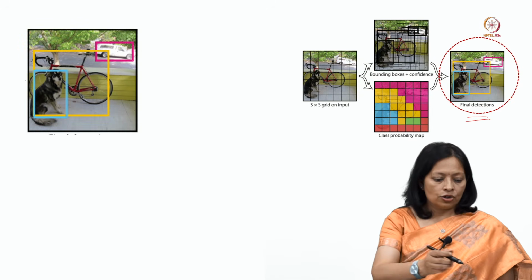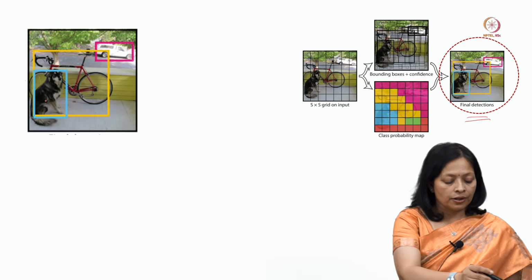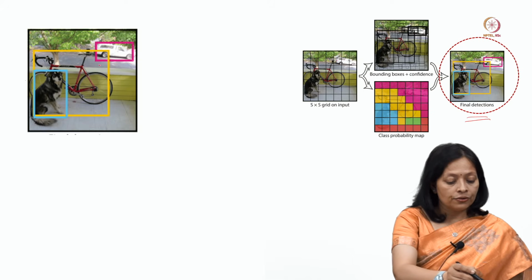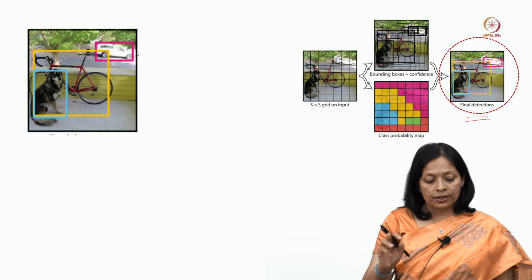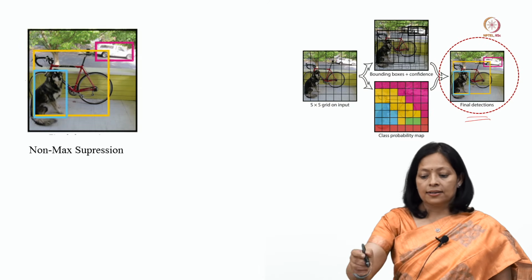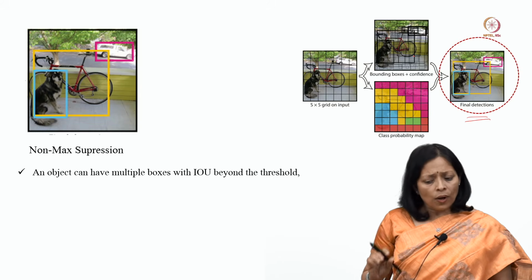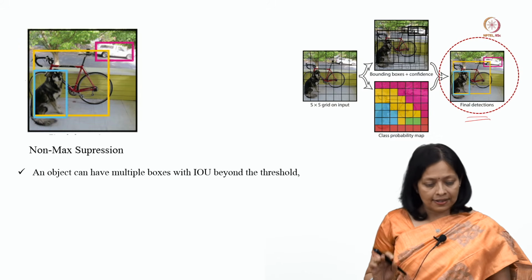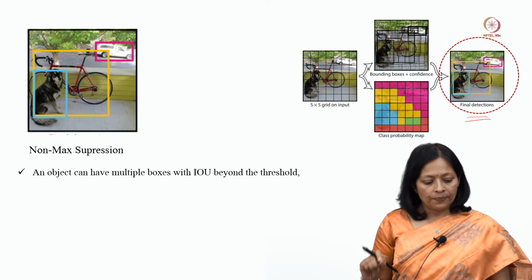In the final detection, there is a blue colored bounding box around the dog, a yellow colored bounding box around the cycle and a pink colored bounding box around the car. Now, there are a lot of bounding boxes here, so we have done non-max suppression. An object can have multiple boxes with IOU beyond the threshold, that is possible.